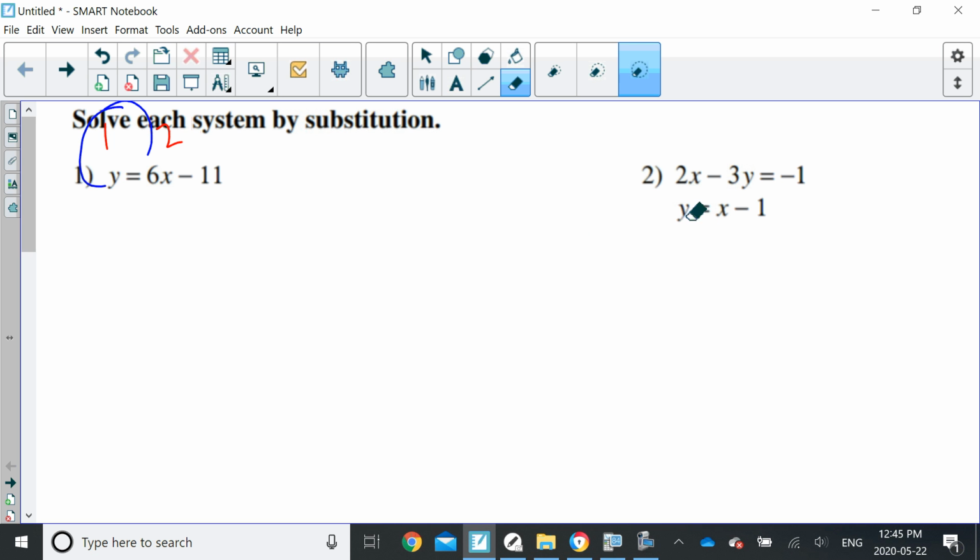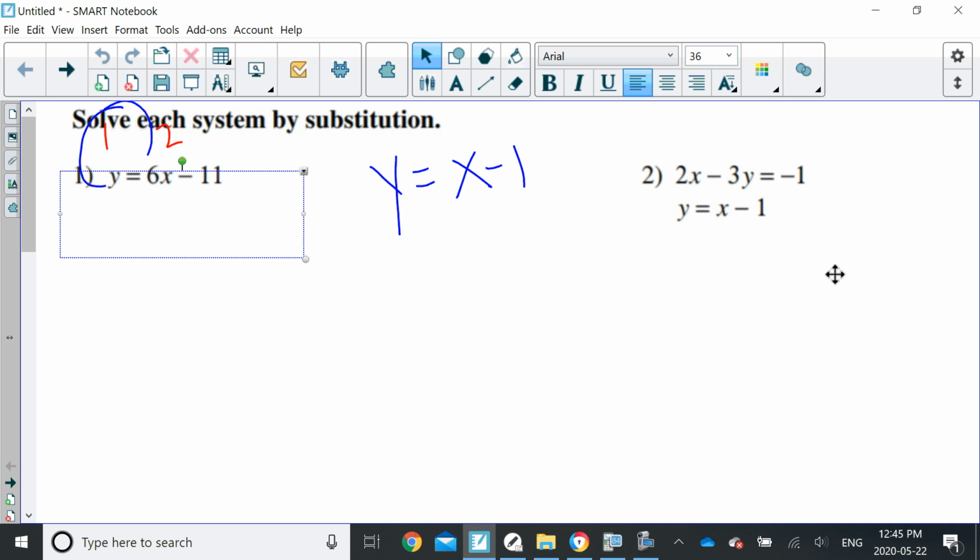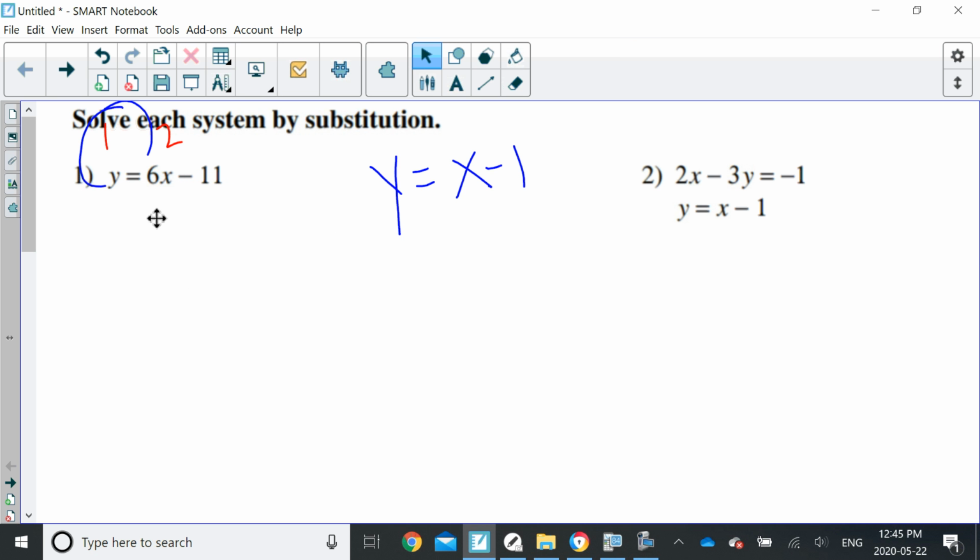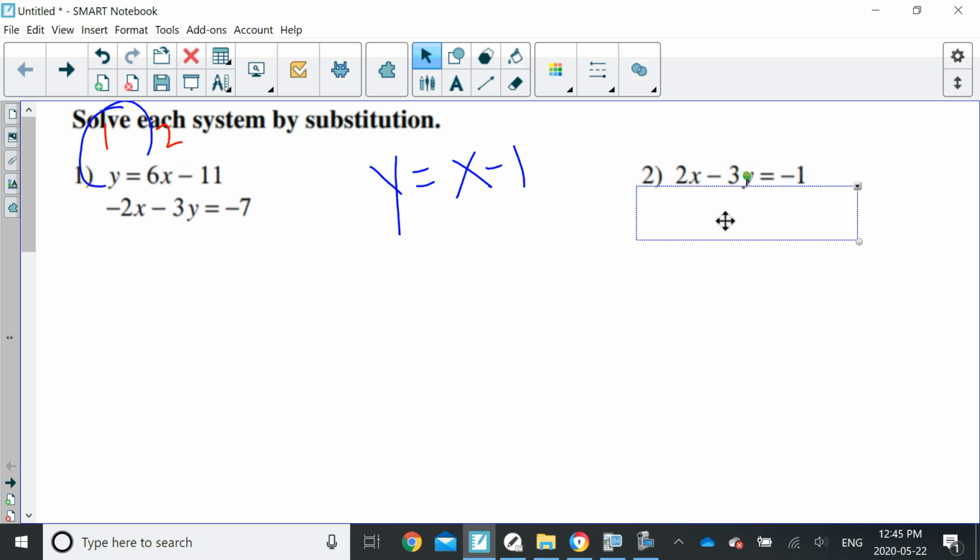So I'm going to write this bottom system up here. Y is equal to x minus 1. Okay, then I'm going to get rid of that. I look at my two systems. I need to solve for one of the variables in one of the systems. Oh, look at this, there it is. Y is solved for.